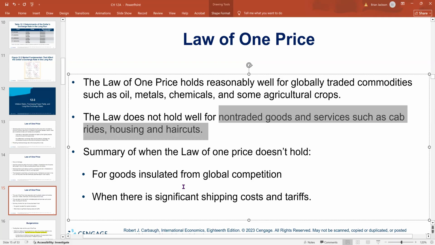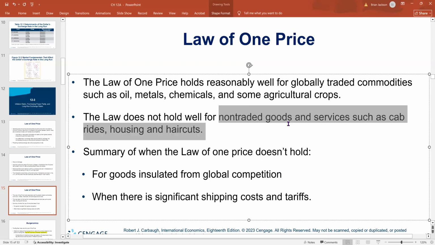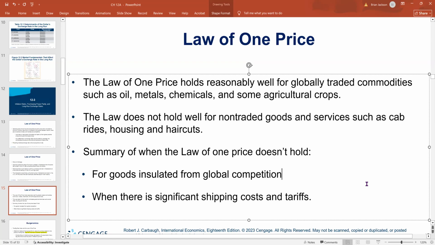And you certainly can't move haircuts from one place to the other. You might be able to move hairdressers, but you can't move haircuts. So at any rate, where goods are non-traded, the law of one price does not apply. Cab rides, housing, and so forth. The law of one price does not apply.